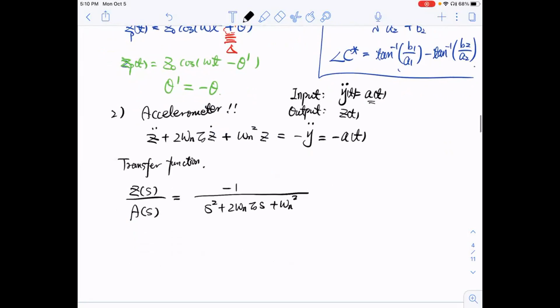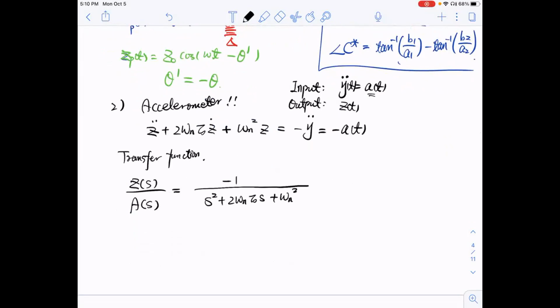Okay. And then again, you can define a complex number C by replacing s by omega j. So it's minus 1 over omega squared minus... right?